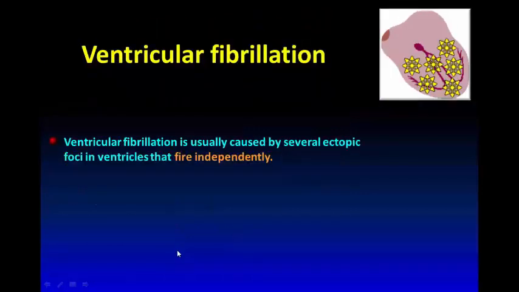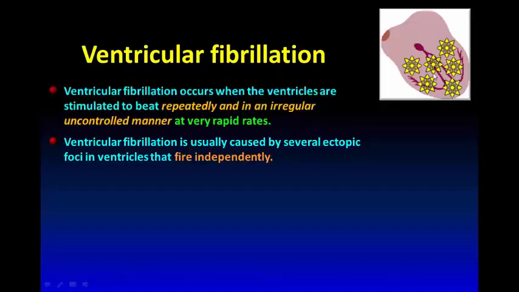Then finally, let's describe a very important arrhythmia, which is a very serious arrhythmia, and that is ventricular fibrillation. Ventricular fibrillation occurs when the ventricles are stimulated to beat repeatedly and in an irregular and uncontrolled manner at a very rapid rate.